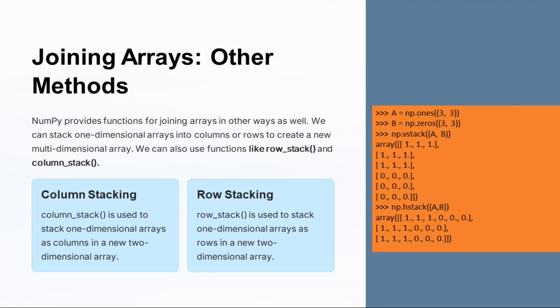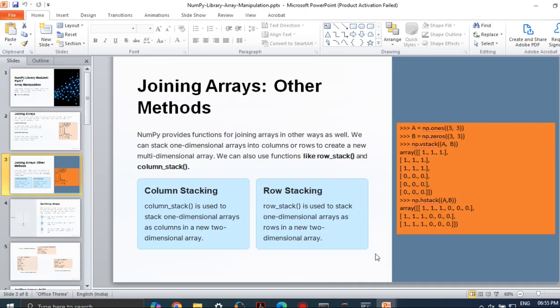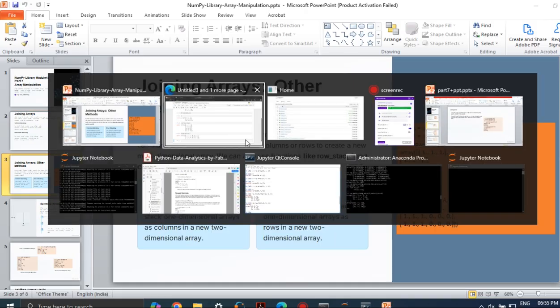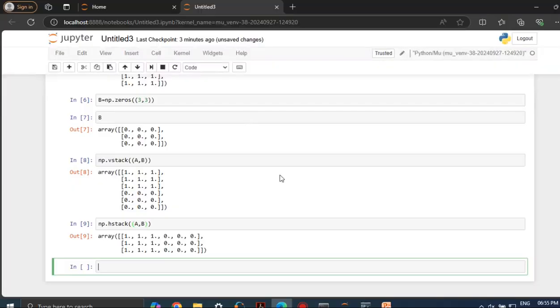column_stack, we can try the same thing on the system to get a better idea of how this works. Let's go to the Jupyter notebook. In this case we need one-dimensional arrays. When you want to demonstrate row_stack and column_stack, your input should be a one-dimensional array. So let's first have three one-dimensional arrays.